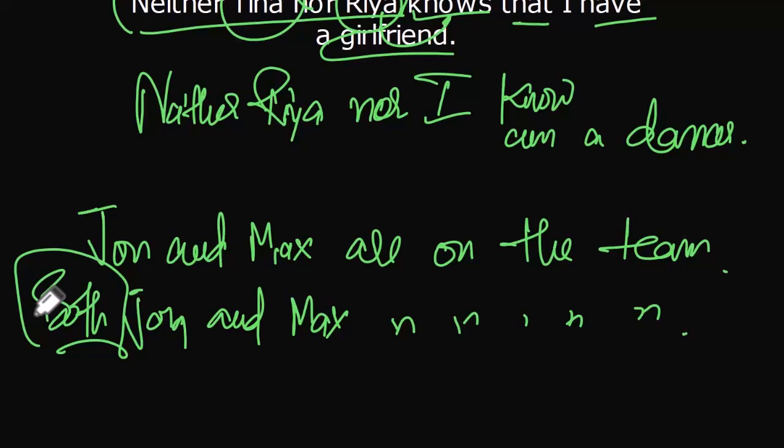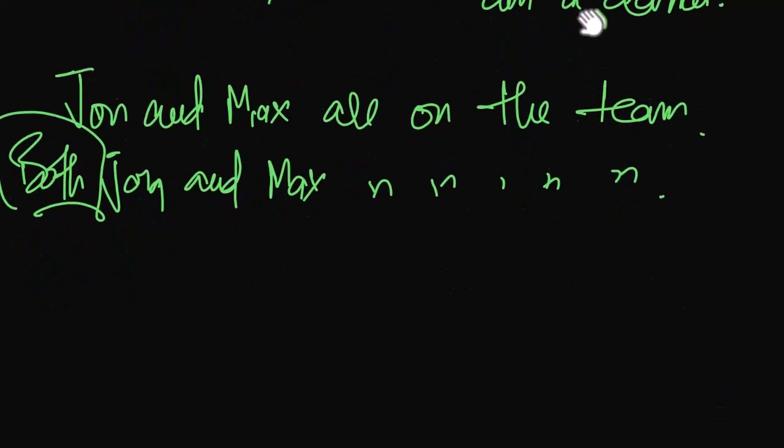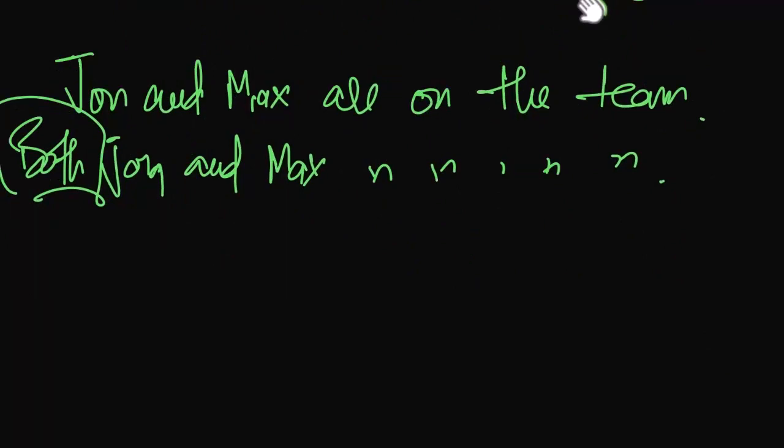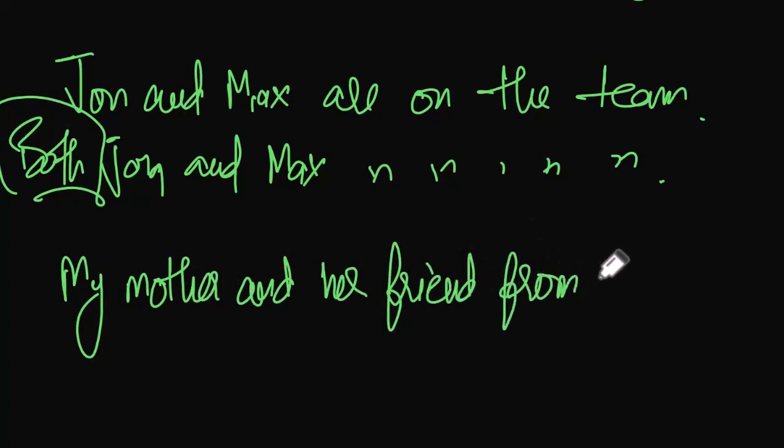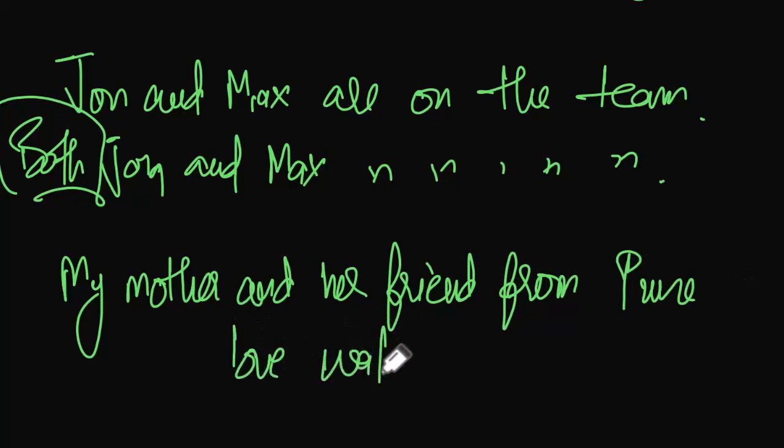Okay. Now one more thing, the subjects that you have in a compound subject can be a simple subject or a complete subject, which means it can be just one word or a phrase. For example, let's say my mother and her friend from Pune love watching TV.